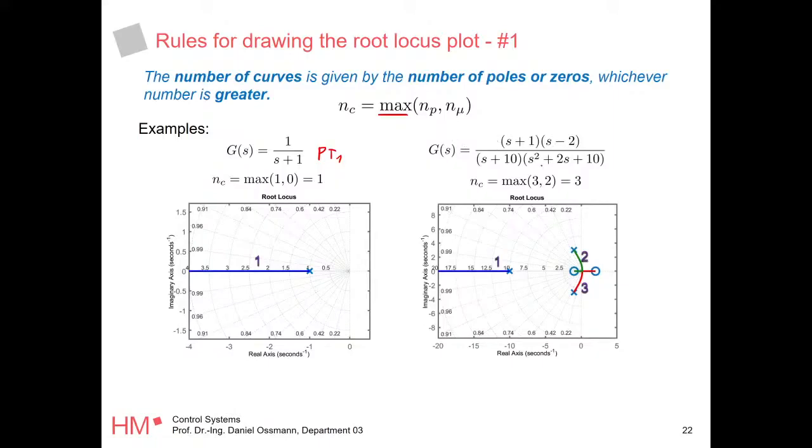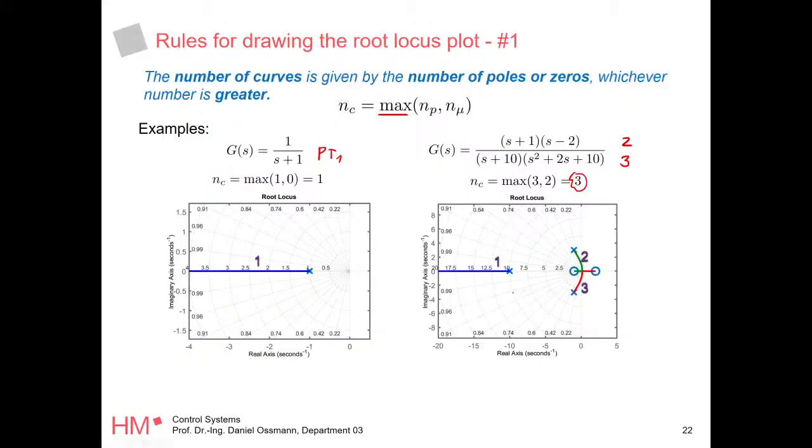Another example. This is a PD2T3 system. We have 3 poles and 2 zeros. Obviously, 3 is bigger than 2, so we should end up with 3 curves: 1, 2, 3.